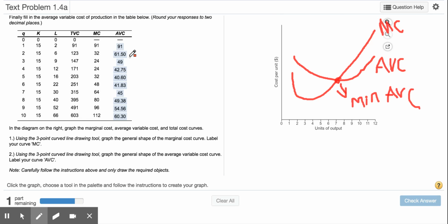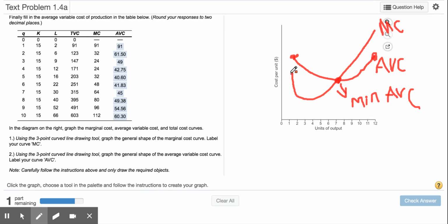All right. To graph this, you need to know three points. Graphing is just simply a skill, it's not science. You need the first point, the minimum point, and the last point, and then you connect them.